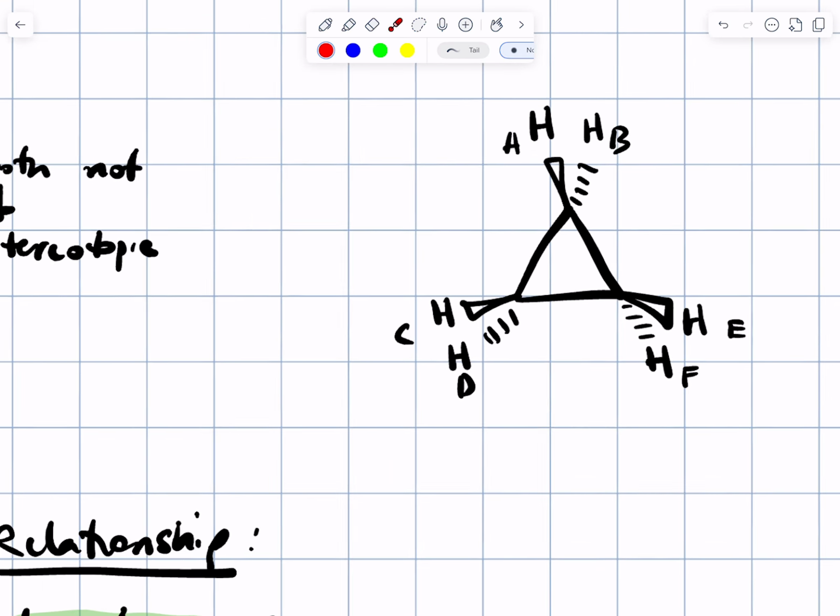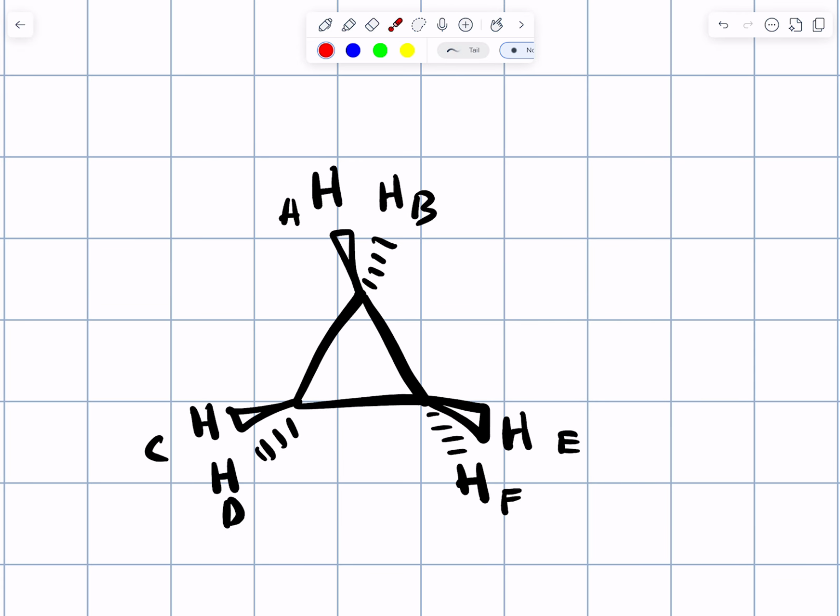Let's look at cycloalkanes. This is cyclopropane. How many kinds of protons do we have in cyclopropane? A, B, C, D, E, and F. 6 protons, but how many different kinds of protons?